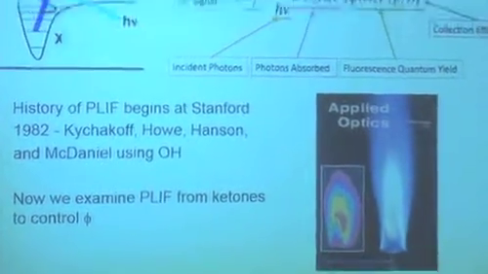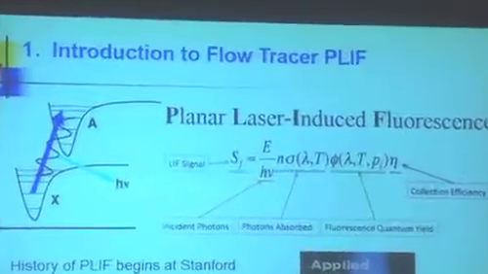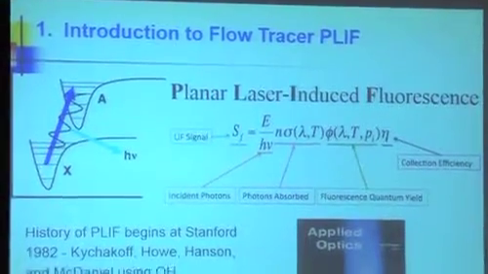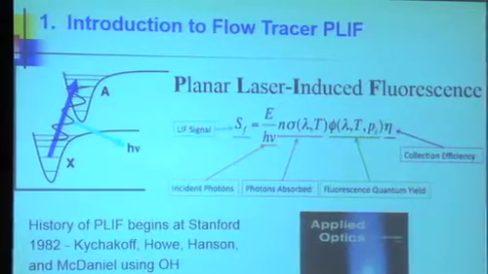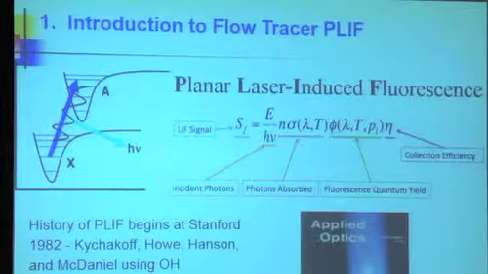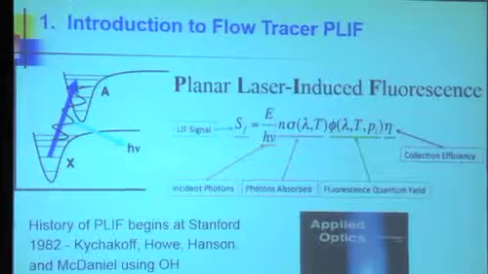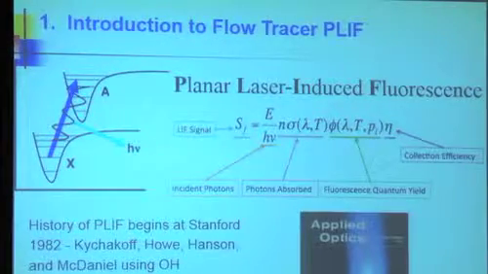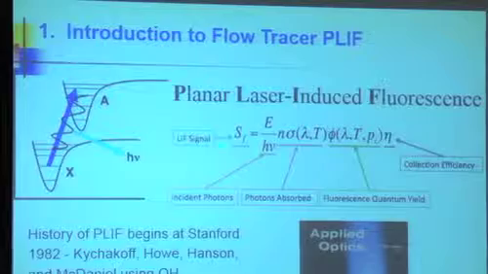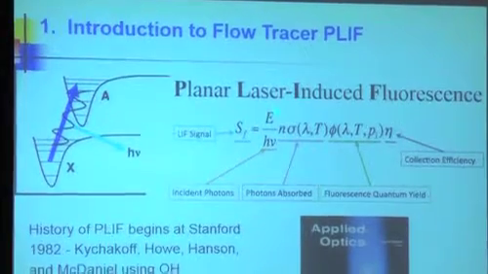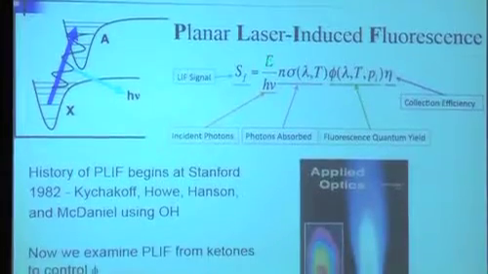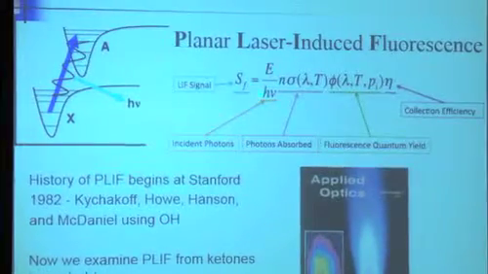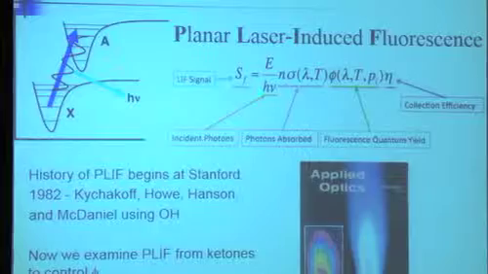But we're going to go from that and talk about the present, which is trying to use ketones to control the fluorescence quantum yield, shown here as phi. So the fluorescence equation is that the fluorescent signal is the photons in. So I take the energy in millijoules, divide by h nu, and this is photons in.